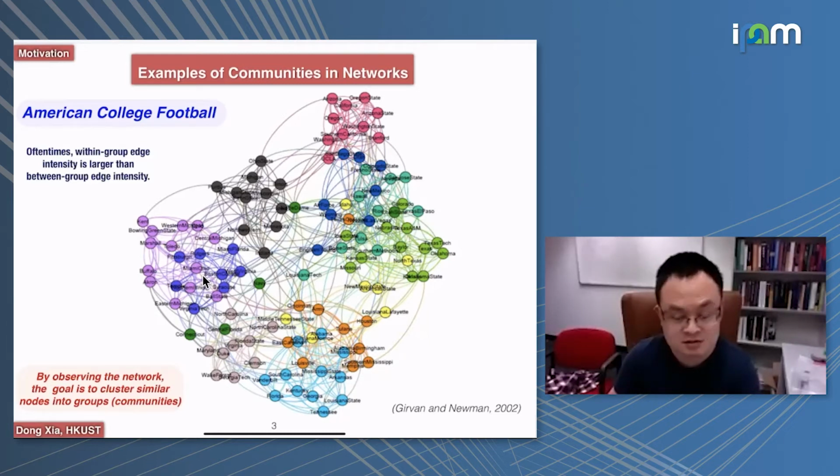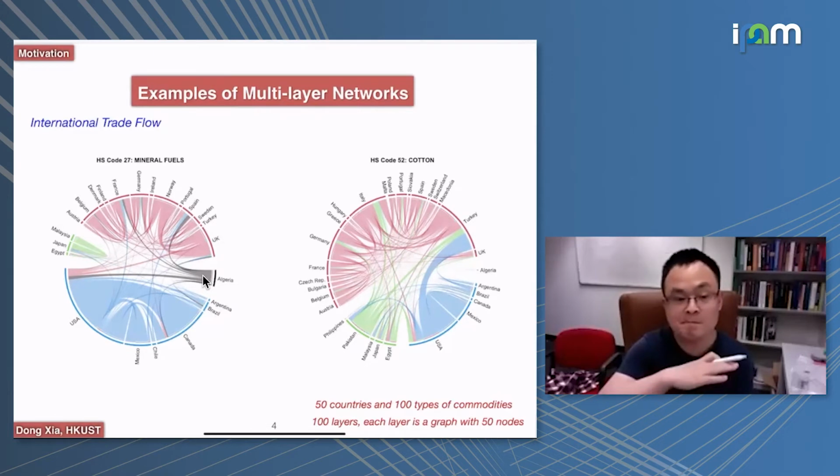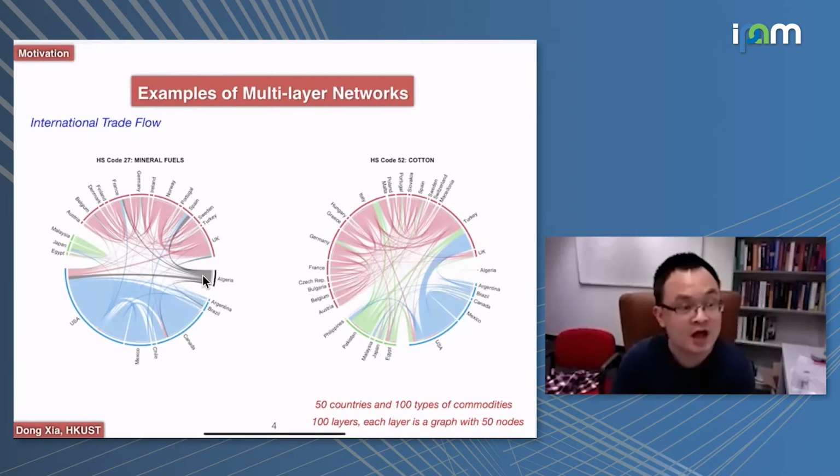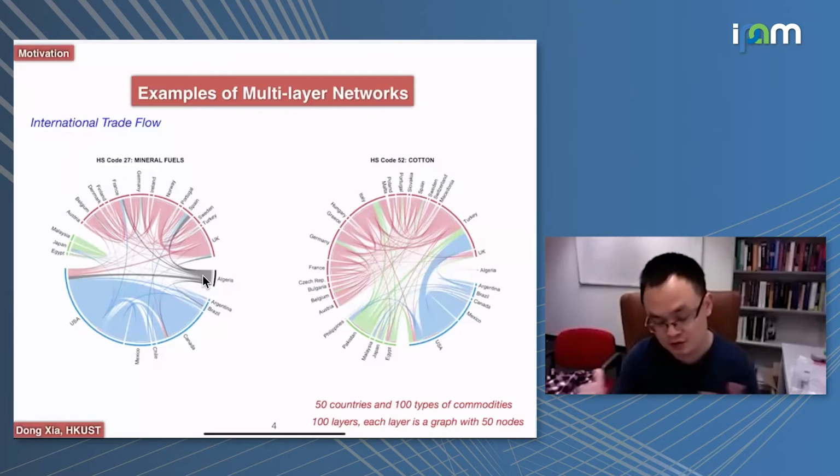But nowadays, there are more and more complex networks. One specific example is the so-called multi-layer networks. It means that now we have many layers of networks. Here is a very interesting example about the international trade flow. It is also real data from the United Nations platform.